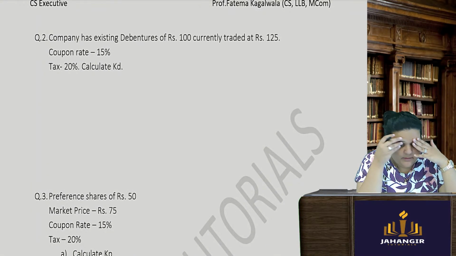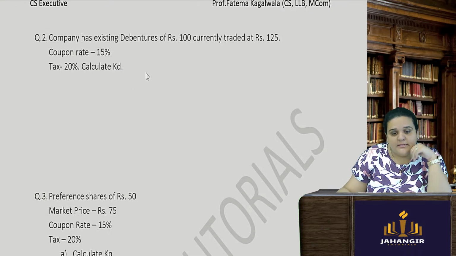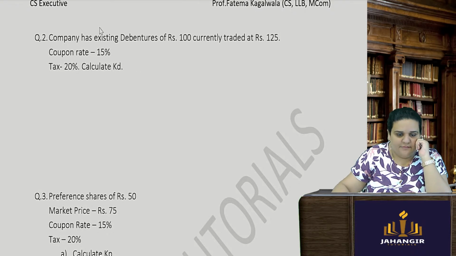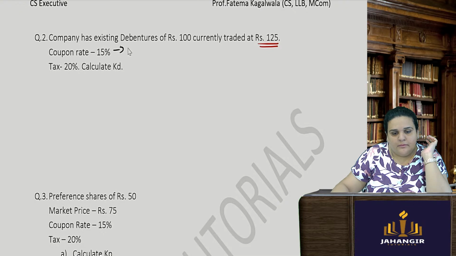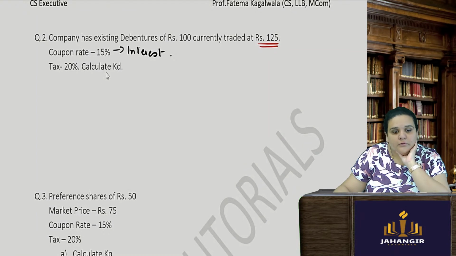Next one. Very good one. A company has existing debentures of rupees 100, but currently they are traded at 125. If the market price is given, I will concentrate on that. Coupon rate means interest rate, which is 15%. You are supposed to calculate Kd.